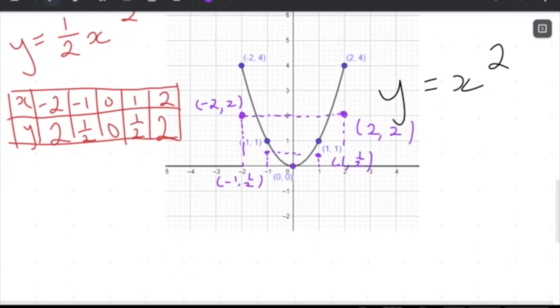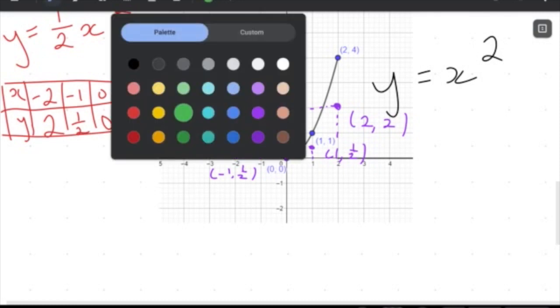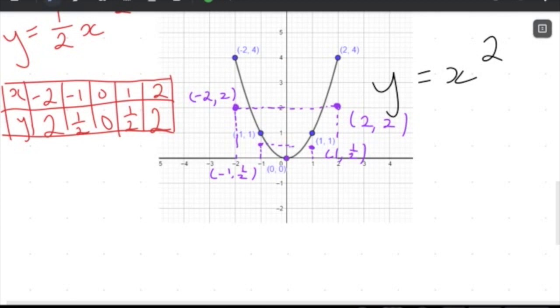Alright, now let's try to draw this guy here. Let's do this in another color so it hopefully pops out a bit. Ooh, that's shocking. Let's try one more. Okay, it's as best as I could get it.